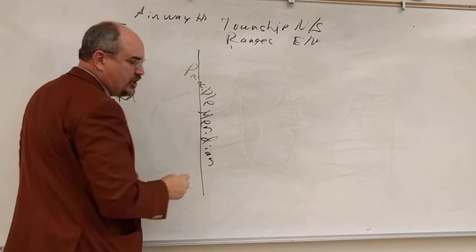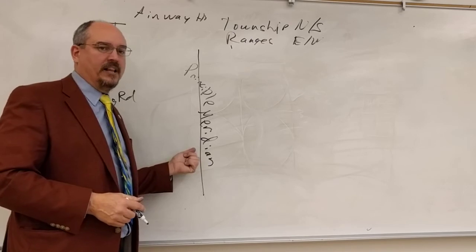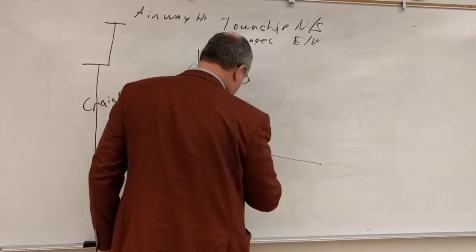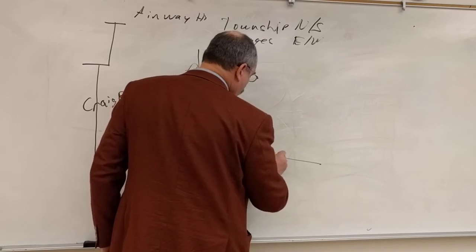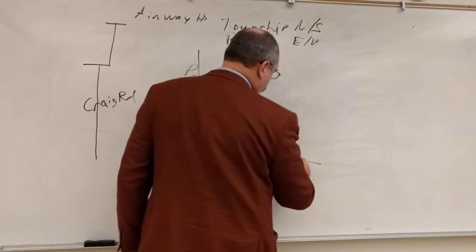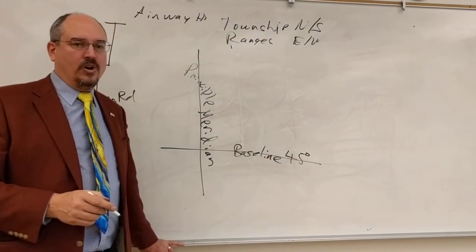And for us here in Oregon and Washington, that principal meridian actually goes through the Willamette Valley. And then you would have a baseline here. And again, for us in Washington, Oregon, that's at 45 degrees north, goes through northern Oregon.